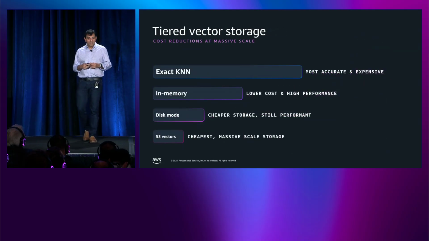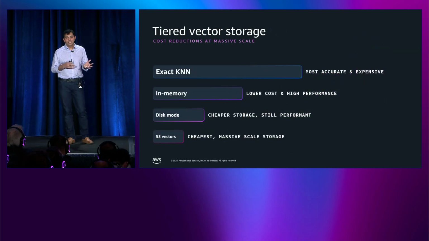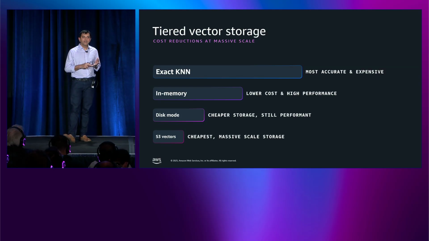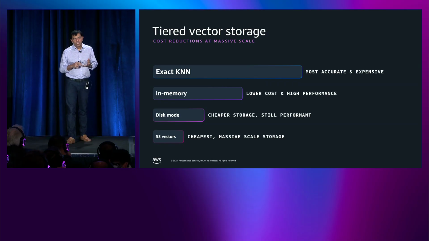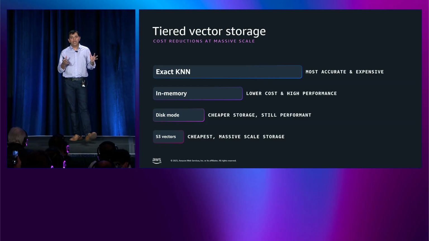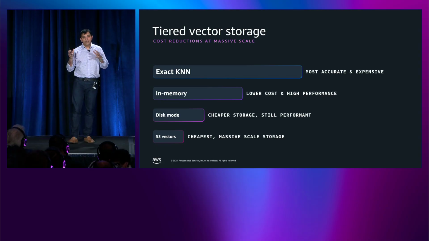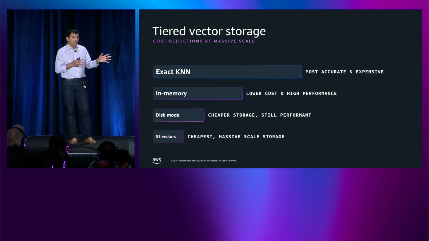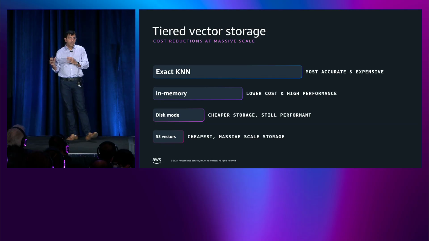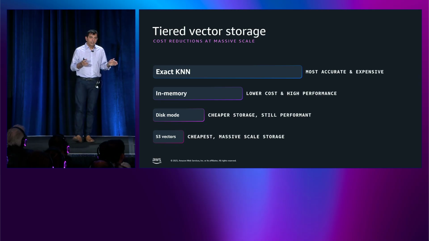But doing that at that kind of scale can be expensive. So you've got to be able to do it in a cost-effective manner and quickly. To do it cost-effectively, of course, if you put all of your data in memory and use exact KNN search, you're going to get the best results, but it's the most expensive. The next thing you can do is use an approximate technique, keep the data still in memory, and that approximate technique will help you reduce the amount of data and compute you want to use, and reduce cost.